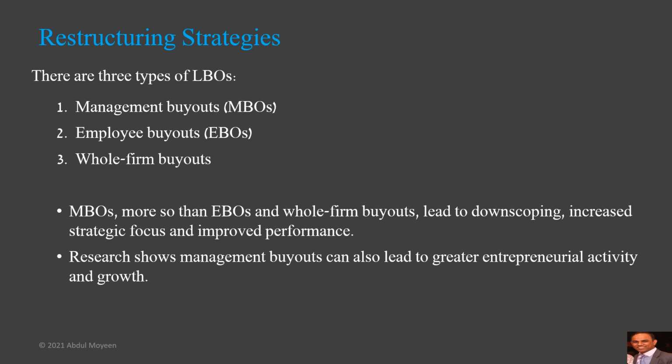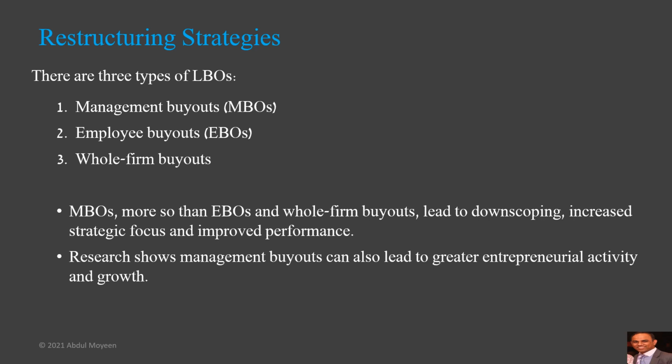Leveraged buyouts can be of three types: management buyouts, employee buyouts, and whole firm buyouts. In the first case, it is the company's management who buys the company. In the second case, employees of the company buy the company. The third is where another third party company can buy the whole company.